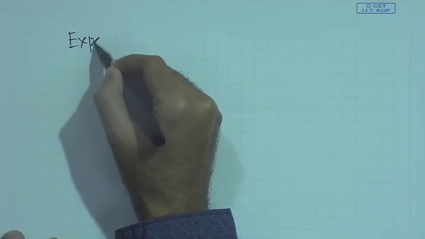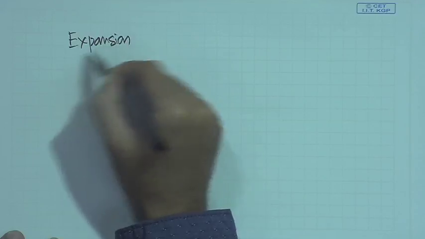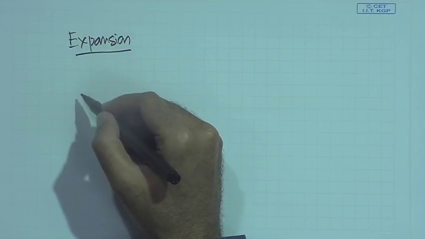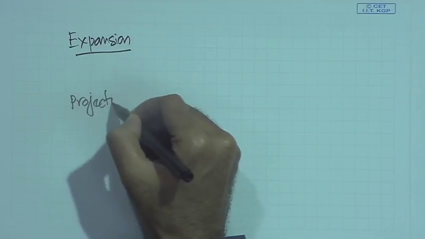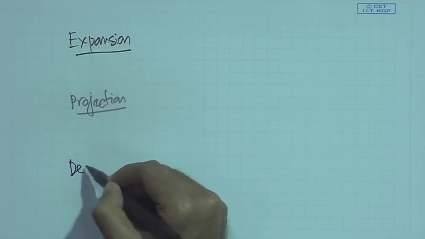Now, we will have a look at all three in separation, and then we will go to the further subdivisions of what expansion does, what projection does, and what decoration does.